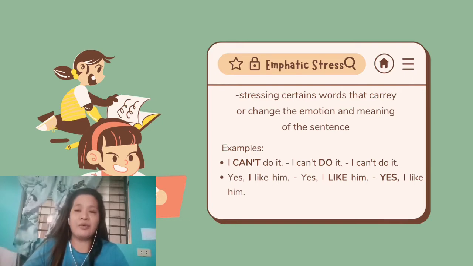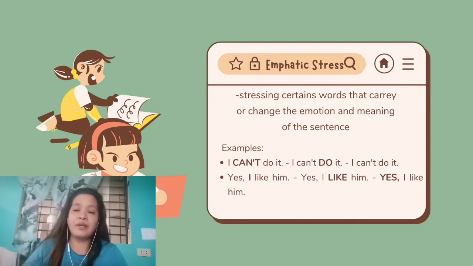Nag-change siya ng emotion, depende kung saan ang stress. Examples ay, I can't do it. Change, and I can't do it. Napansin nyo? I can't do it. Yung isa naman, I can't do it. Parang nag-iiba siya ng meaning, at the same time, iba yung dating ng emotion.